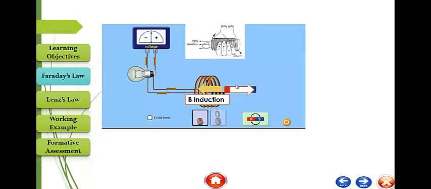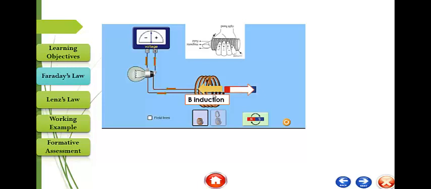How if we move the magnet from the coil toward the right? Then the magnetic field received by the coil decreases, so based on Lenz's law, the induced magnetic field opposes the flux change.